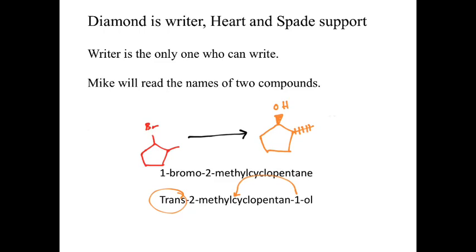You've got different functional groups. Bromine versus OH. So if I'm going to make that transition, what do I want? Substitution. I'm going to need some source of OH to do a substitution reaction. Should that OH be negative?